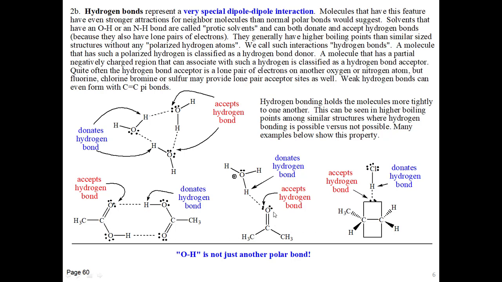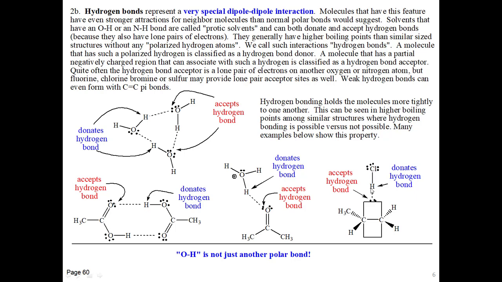If you had any kind of a carbonyl and something in there that had a partial positive hydrogen, so here's like an H3O plus, that could interact strongly with a lone pair, so we get a strong interaction here. That's a hydrogen bond. Even an alkene, even a carbon-carbon pi bond with its electrons sticking out in space, can interact with a polarized hydrogen.